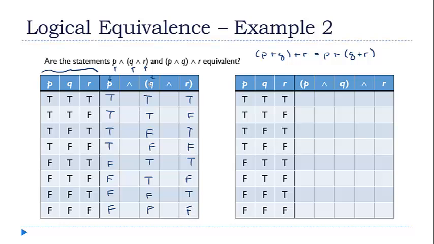Okay, now you remember our order of operations for logical statements. We have to do parentheses first, which means my next step is going to be to fill in this column. And to do that, you need to reference that and base table. And if you look up all these pairs of values, true and true is true.